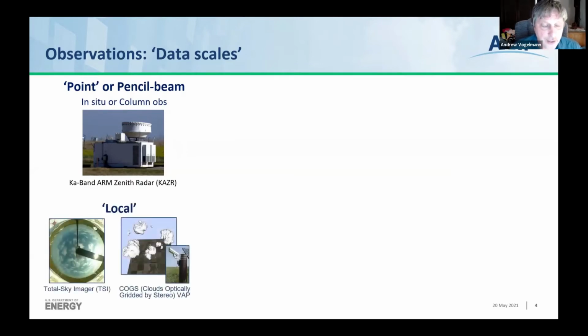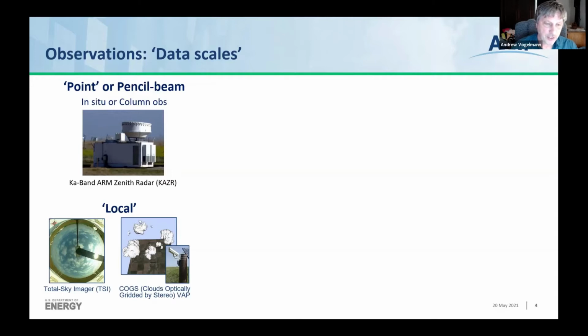The time goes down as you start broadening this out. What I'm calling local observations are things like the hemispheric view that you get from the total sky imager, or a new product called COGS, which stands for Clouds Optically Gridded by Stereo.